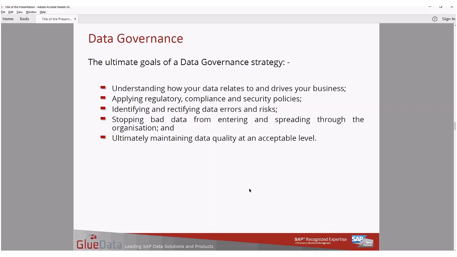Okay, now that acceptable level can also differ. That's open for debate, and it would depend on the requirements at hand. If you have a specific data object where there's no tolerance, then you would need to maintain 100% data quality. Now that's not always possible. It's the utopia for any organization to reach 100% data quality over the entire business.